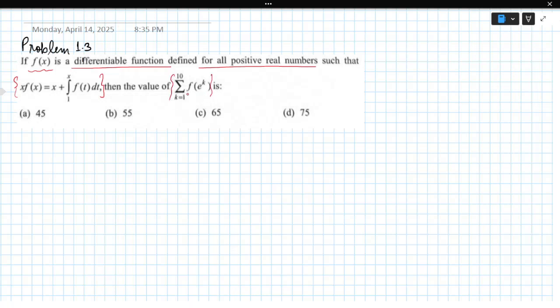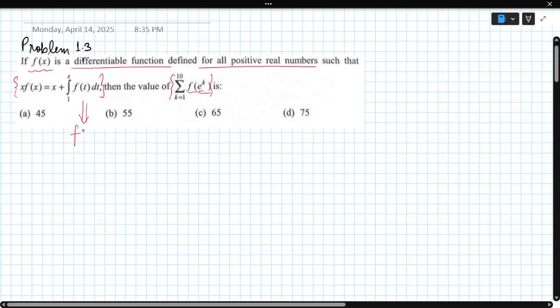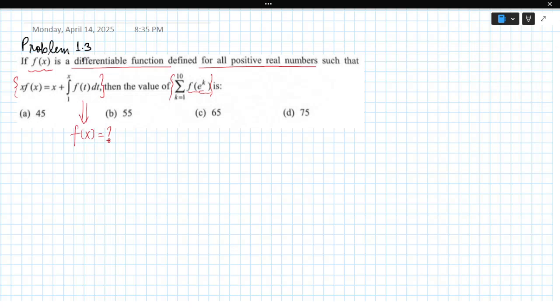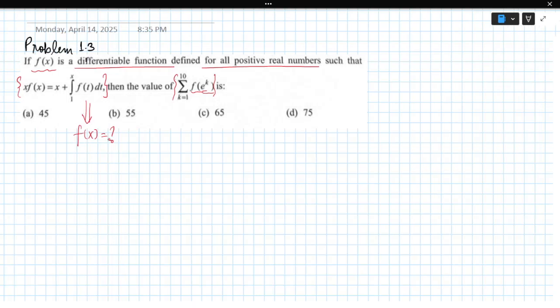If we try to find any function value inside the domain, whether it is e to the power k or anything, from this kind of equation you need to find the value of f(x). That's our main motivation to solve this problem. So let's see how to start.